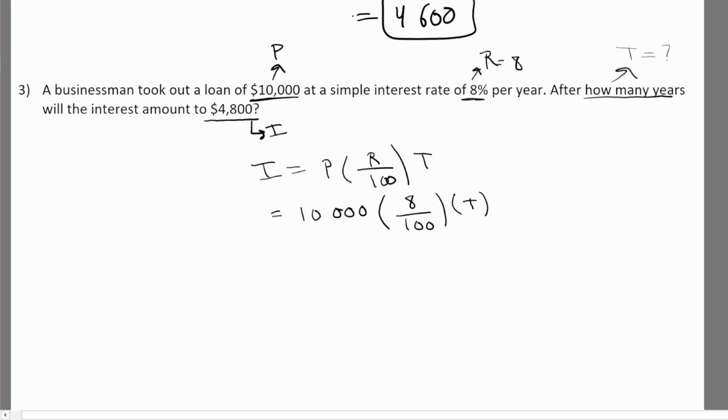We know the interest. So this right here is I. So it's 4,800. Now, the easiest way to do this would be to multiply those two numbers out. So go ahead and plug on your calculator 10,000 multiplied by 8%. And we get 800T is equal to 4,800. And now we're just going to divide through by 800.